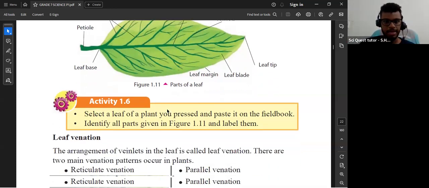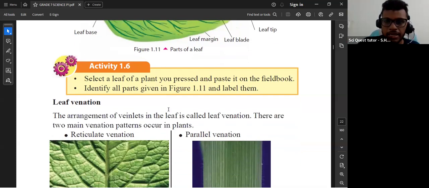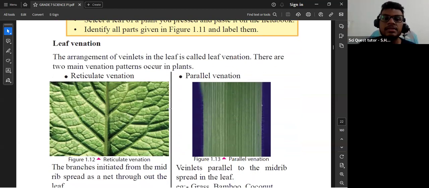Good. Okay. Now, students, I clearly mentioned there are veins in the leaf. Veins are like small branches. So let's understand, the veins are classified or grouped into two patterns that are commonly present in plants.